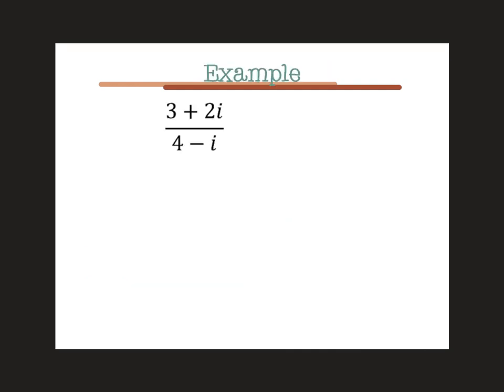Here's one more example for us to try. Again, I want to start by multiplying by the conjugate of the denominator on the numerator and denominator. Then I rewrite as one fraction, putting both binomials in parentheses.